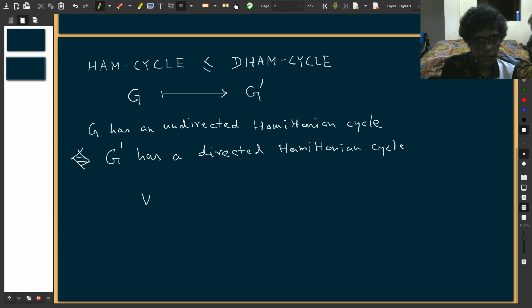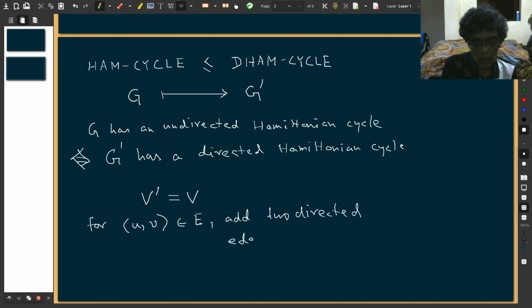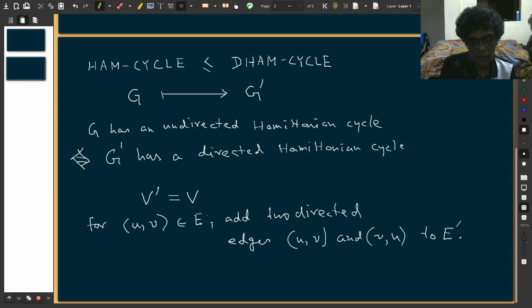So, the vertex set of G prime is taken as the same as the vertex set of G. Moreover, for each undirected edge u comma v in E, add two directed edges u comma v and v comma u to the edge set E prime of G. That's all about the construction.